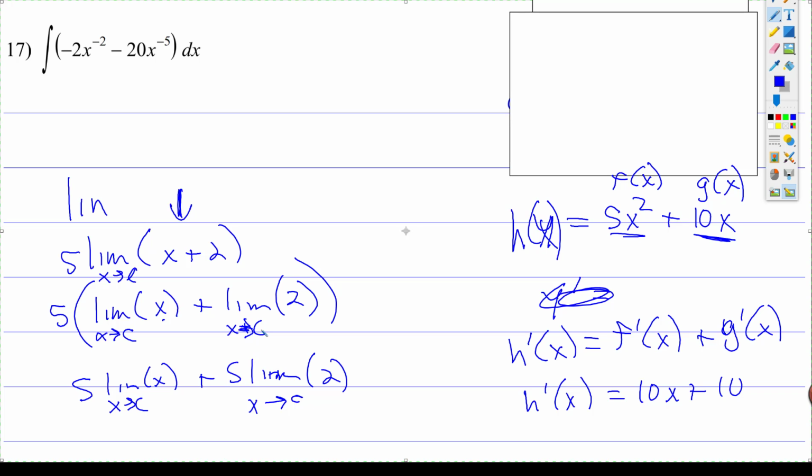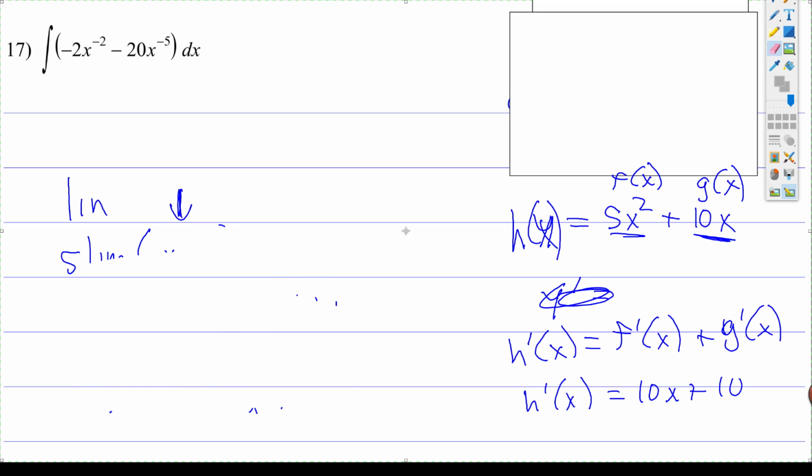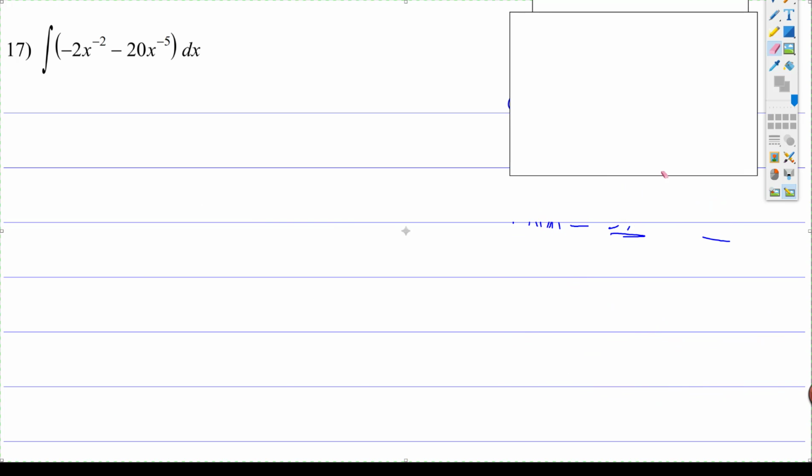All right, so now I'm going to erase all this stuff. And now we're going to talk about integration laws. So first of all, there are two different terms. We could take the integration of two terms, but notice they also have a negative 2 in common.